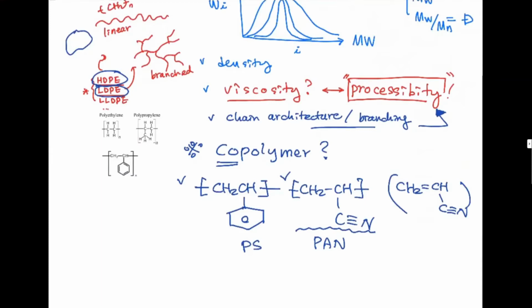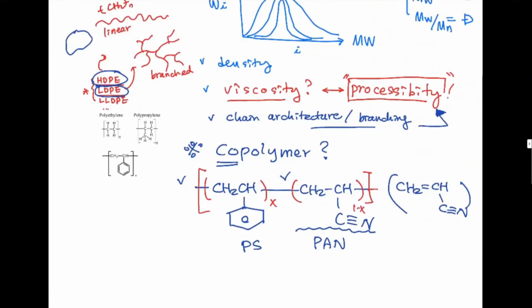But if you make this into what is called a random copolymer, people use this notation, instead of the square bracket, they use a normal simple bracket, and then say these are the repeating units with, let's say, molar composition x and 1 minus x, so that they have a random copolymer.